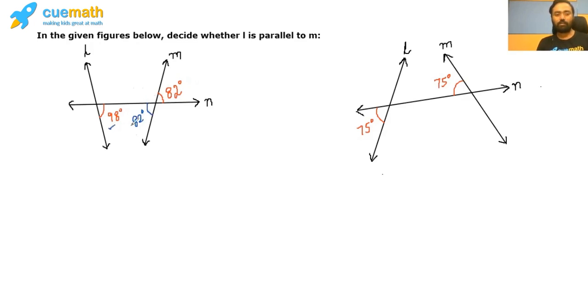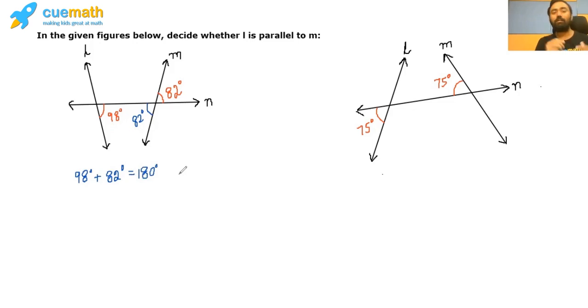Now, since these two angles are a pair of angles on the same side of the transversal N, that is on the lower side, and in the interior part of the two lines L and M, let us see what is the sum of these two angles. So 98 degrees and 82 degrees will give us 180 degrees.